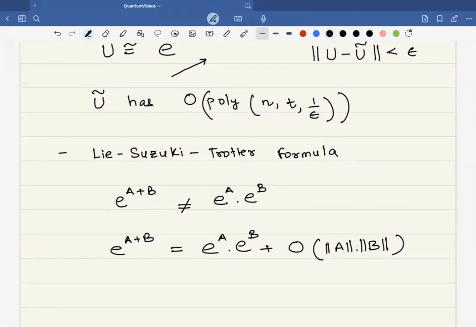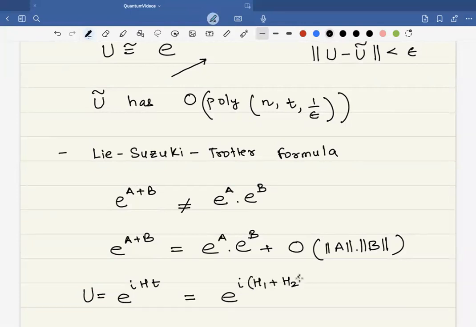So the idea is to exponentiate this, and I'm going to ignore the h bar and minus term. Basically the idea is to simulate this unitary effectively, where let's assume for the time being that H is equal to the sum of just two terms which are local, so they act only on two qubits.